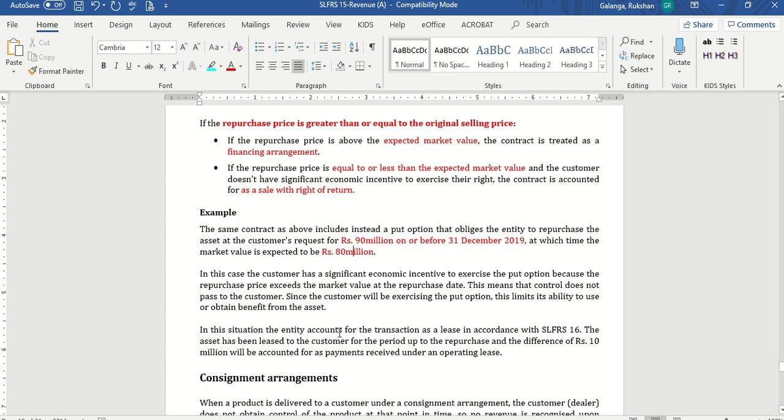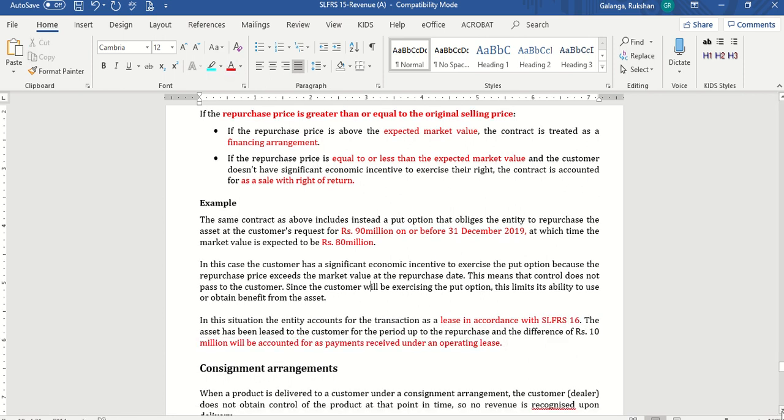In this situation, the entity accounts for the transaction as a lease in accordance with SLFRS 16. The asset has been leased to the customer for the period up to the repurchase, and the difference of 10 million will be accounted for as payments received under the operating lease. So this also you should recognize just as an operating lease.